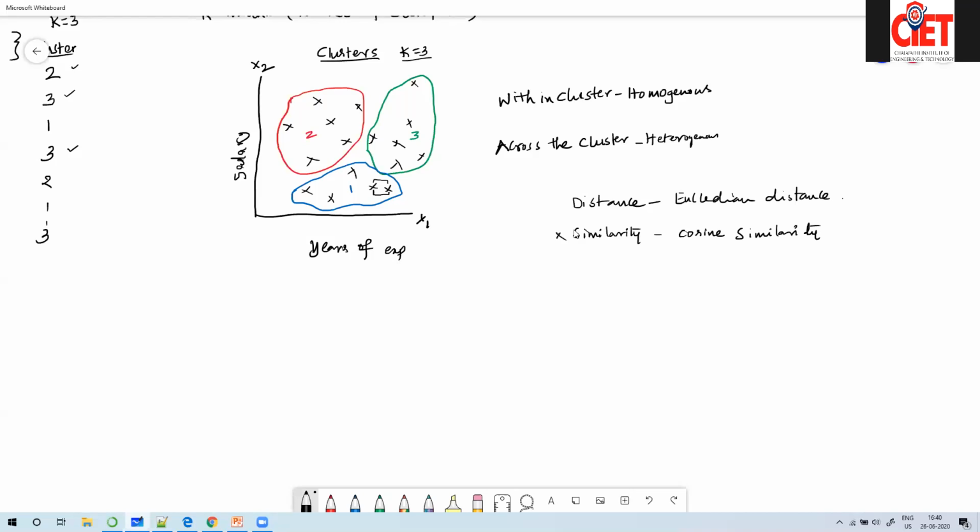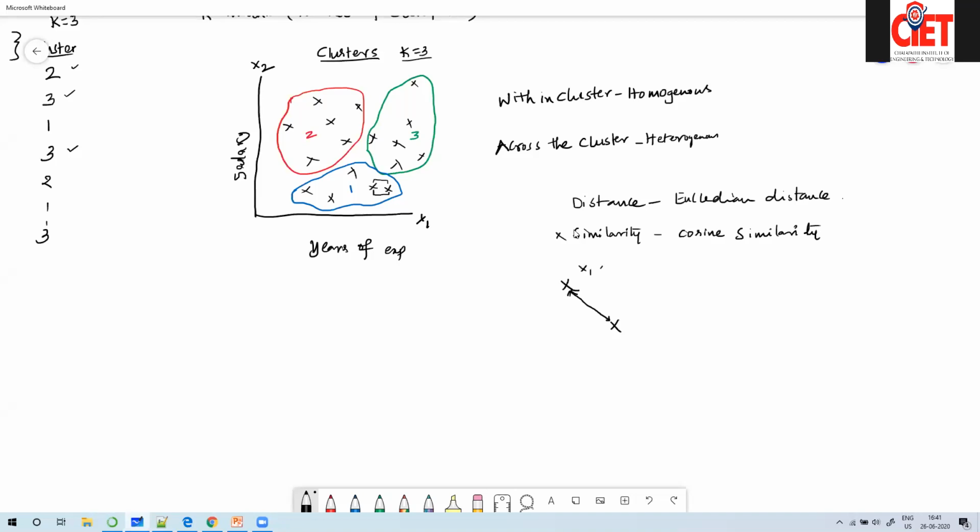If we have two observations in a two-dimensional space, the Euclidean distance is nothing but the shortest distance between those two observations, which is also called displacement in physics. So to see how similar these two observations are, we use this Euclidean distance.